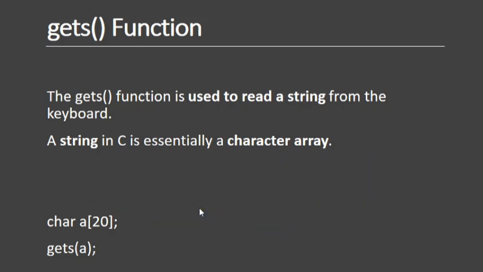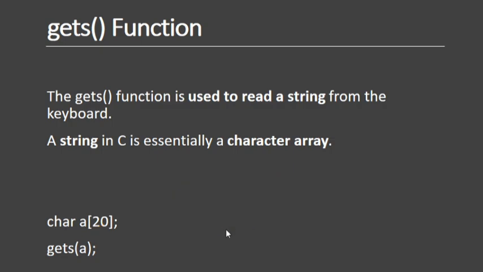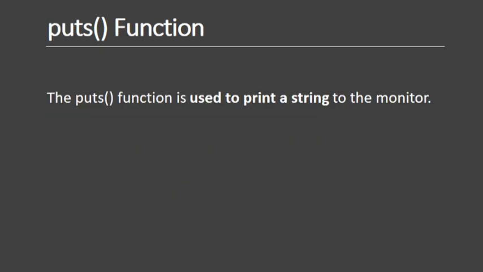Similarly, the gets function is used to read the data, because I already stored Govind in the character array A, whatever data is there in the array A will be read by the gets function.